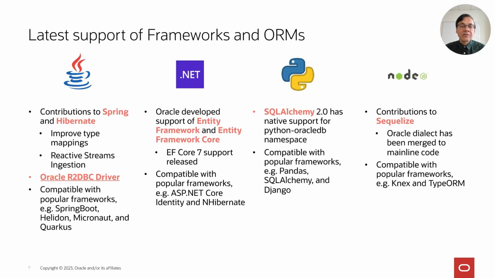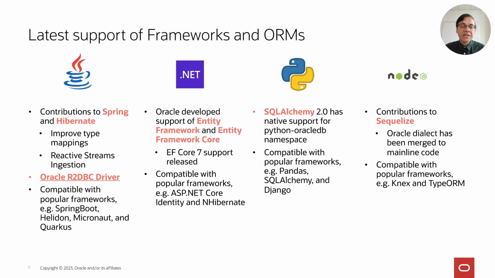Now we know that many of you use various frameworks and ORMs in addition to the database drivers. And that has been our latest focus, to improve our integration with the popular frameworks and ORMs. For Java, we are working on contributing to Spring and Hibernate for improving our type mappings, particularly in the areas of JSON type and interval type.